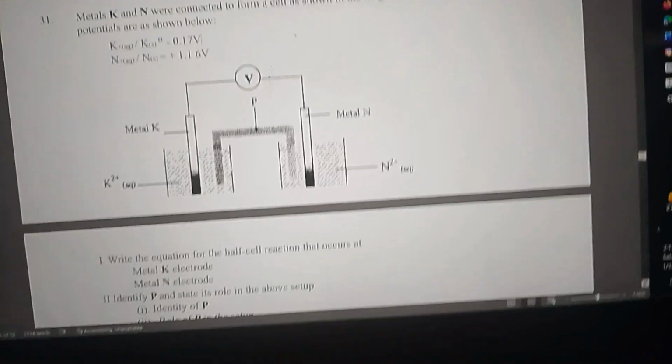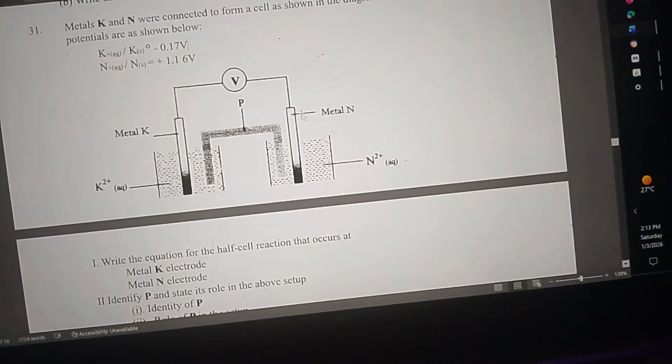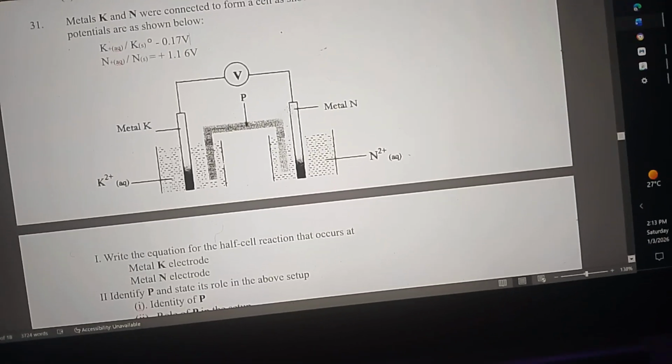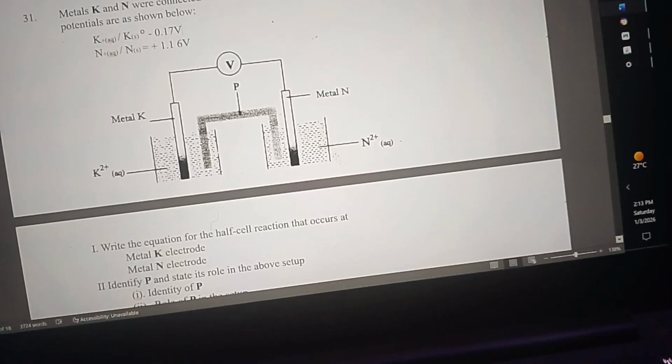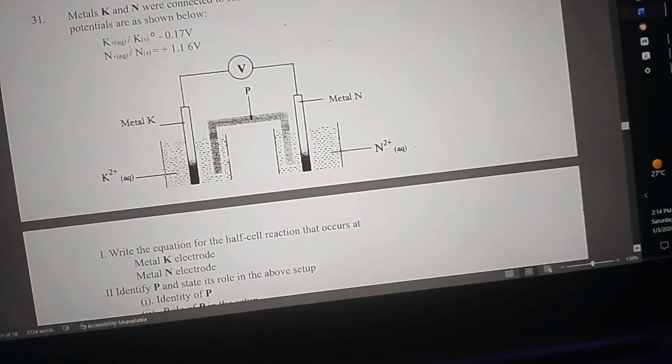And that metal K is this K on this left hand side, and N is this metal that is dipped in the solution of these ions here, and K is a metal dipped in the solution of its ions on the left hand side here.